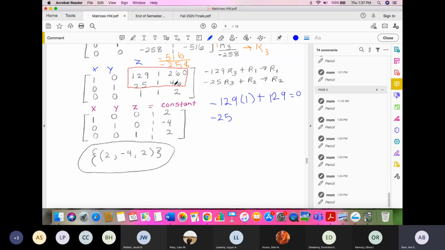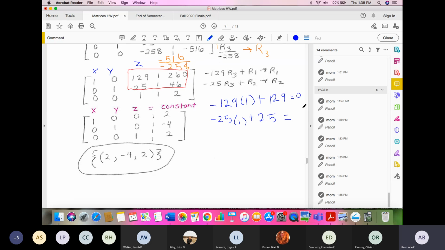So we get negative 25 times row 3, plus row 2. In row 2, we have a 25. And negative 25 plus 25 is 0. So that's why we get a 0 here as well.